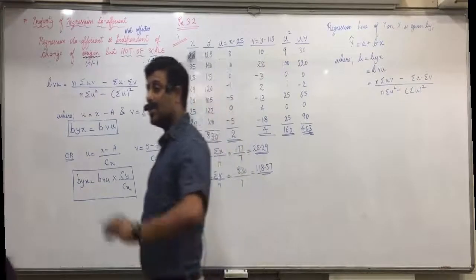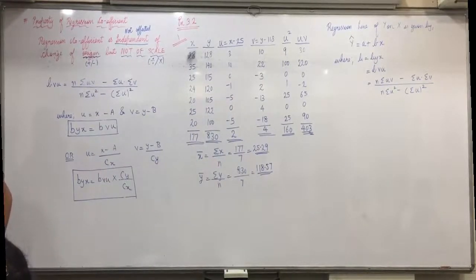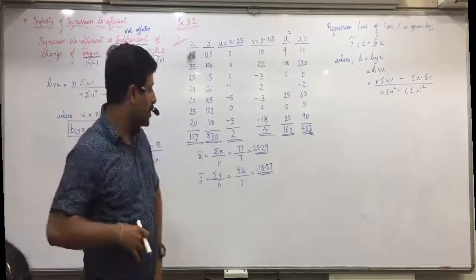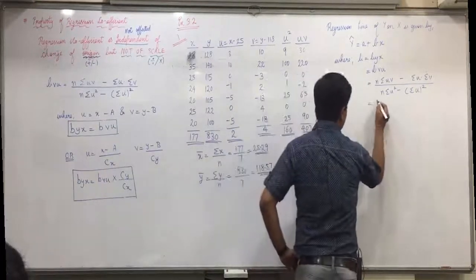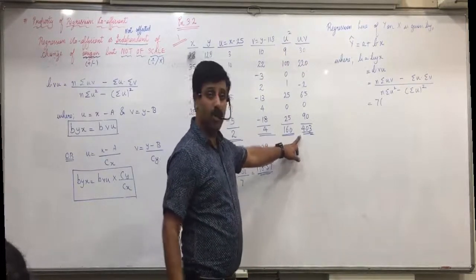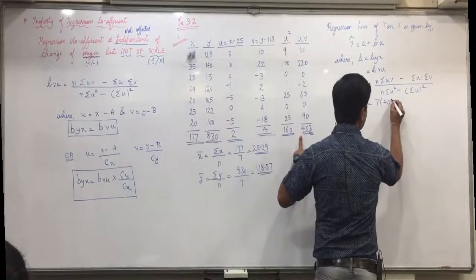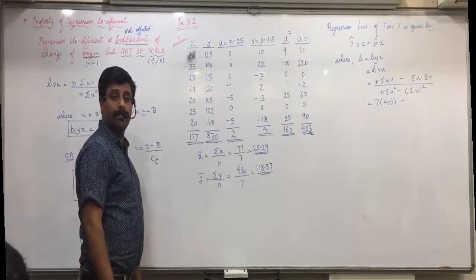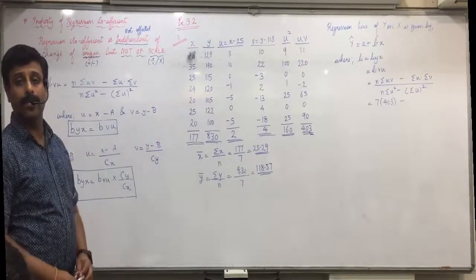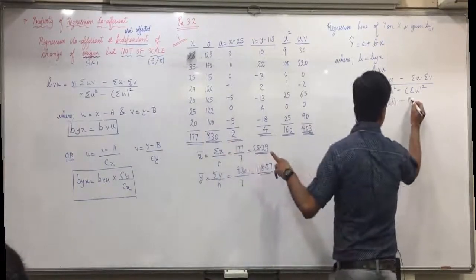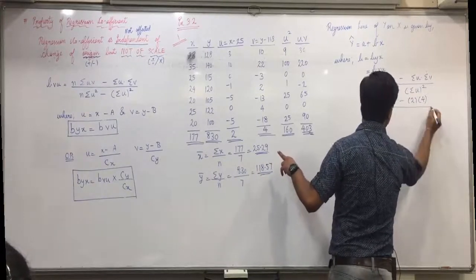Anyone who did not understand this? Mike, did you write it? Tell me the substitution of values. Seven. Yes, total number of observations are 7. Tell me from your notebook only, okay? Sigma uv is 403. Further, minus sigma u into sigma v, that is 2 into 4.